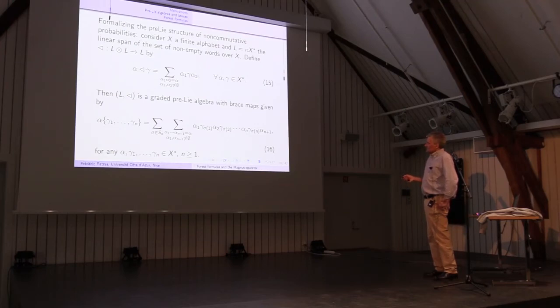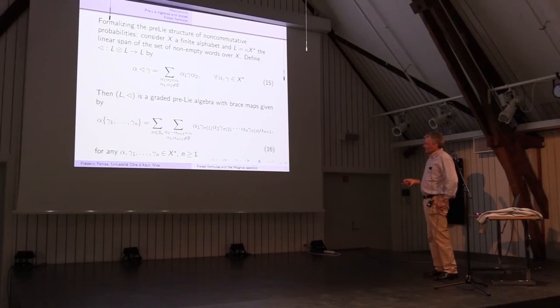And so the structure is combinatorial, and it's relatively easy to write closed formulas for all the expressions you can obtain. So for example, if you want to compute the brace operations I've defined recursively earlier in this setting, you obtain this formula where you're going to insert gamma 1 to gamma n in all possible ways inside alpha, modulo the fact that you want alpha 1, so the first component of alpha you put to the left, and the last component you put to the right, to be non-empty.